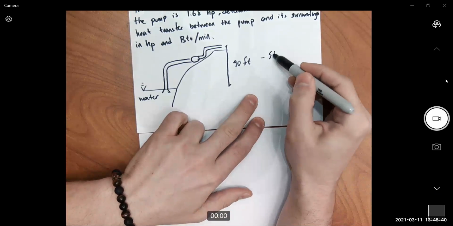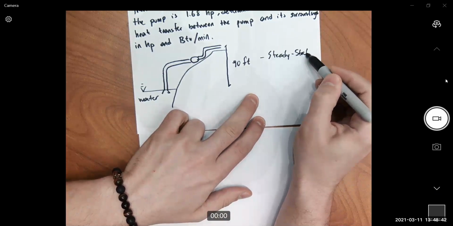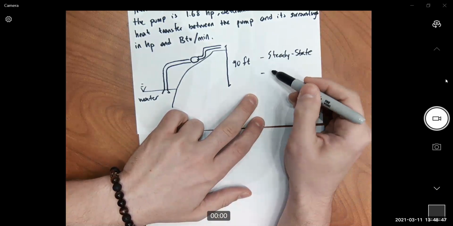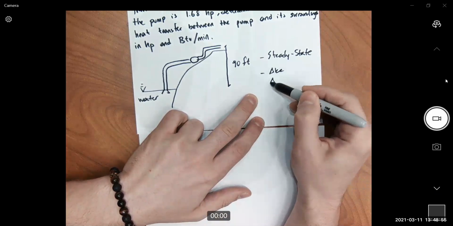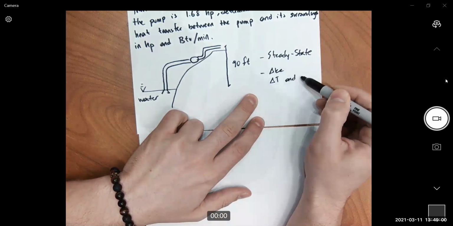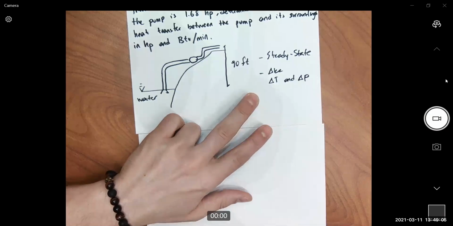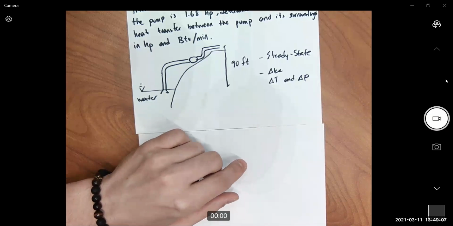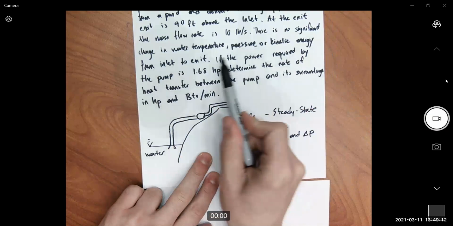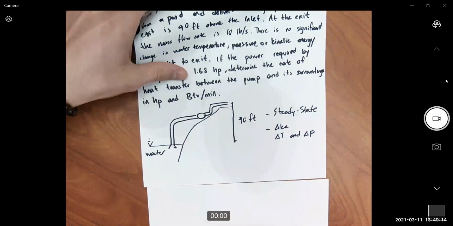That is a steady state problem. Kinetic energy change, temperature, and pressure change, right? No. Pressure change inside the pipe is negligible. Temperature, pressure, and kinetic energy from inlet to exit are negligible.